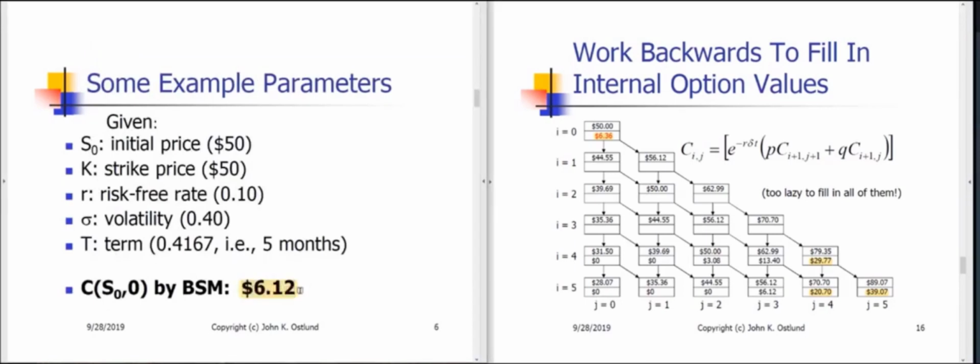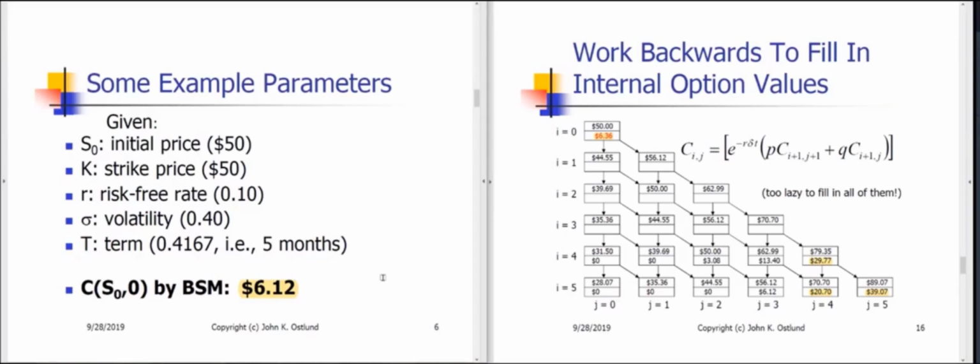Now that price is quite a bit different from the $6.12 that we got applying the Black-Scholes-Merton formula. But again, that's in large part because we chose so few time steps to implement our model.